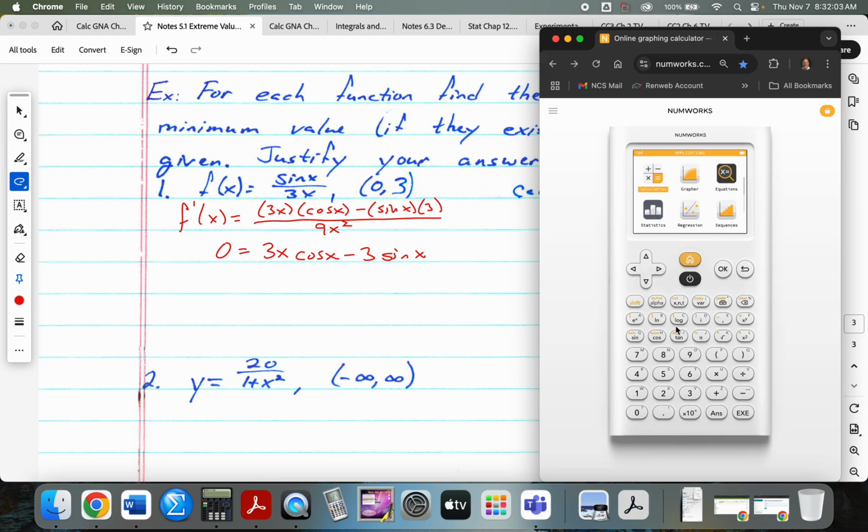You got it. All right, so go ahead and graph that on yours. I'm going to graph it on here. So this is 3x cosine of x minus 3 sine x.